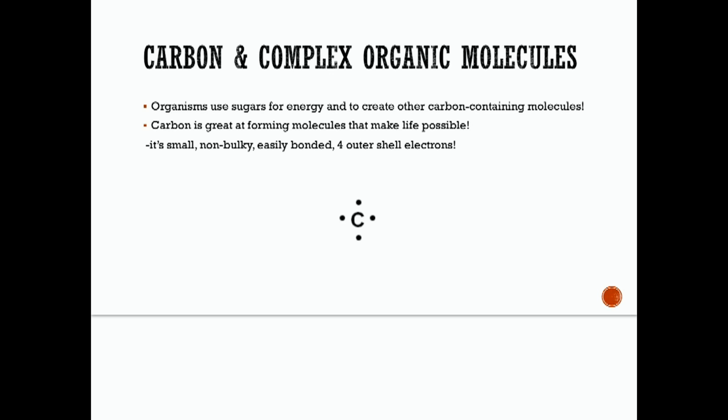In addition to being a small, non-bulky atom that can easily bond to other atoms, carbon has 4 electrons in its outer shell, and all 4 are available for bonding. These properties allow carbon to share its electrons via single bonds with up to 4 atoms, or via multiple bonds with up to 2 other atoms, to form large, stable structures.